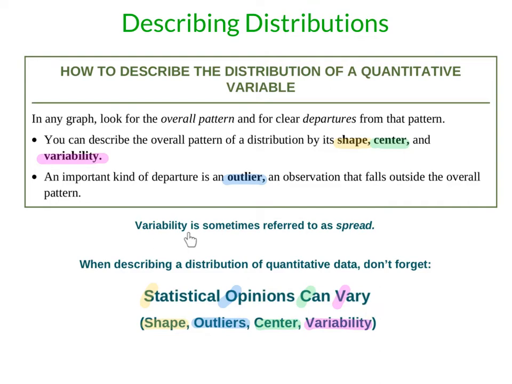Variability is sometimes referred to as spread, which is a little bit different than the range. And then the biggest takeaway of this slide is this cute little saying called statistical opinions can vary. That is how we remember shape, outliers, center, and variability. So statistical opinions can vary. True statement.